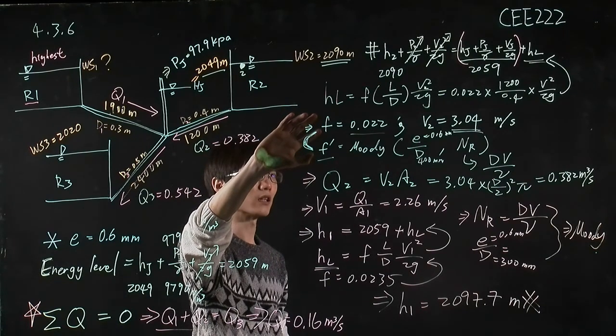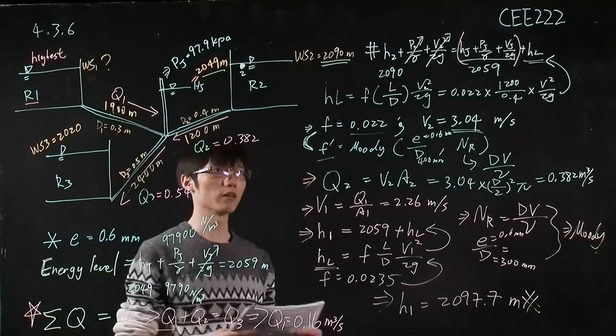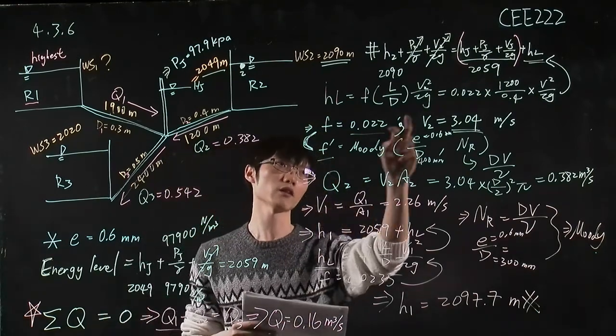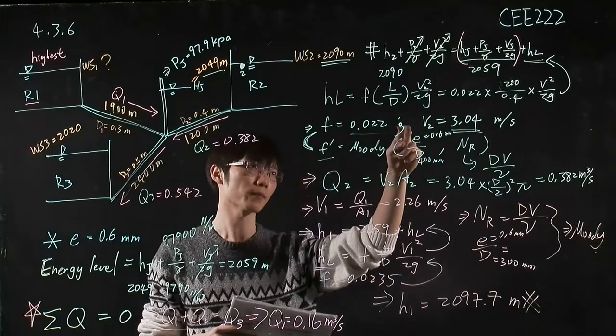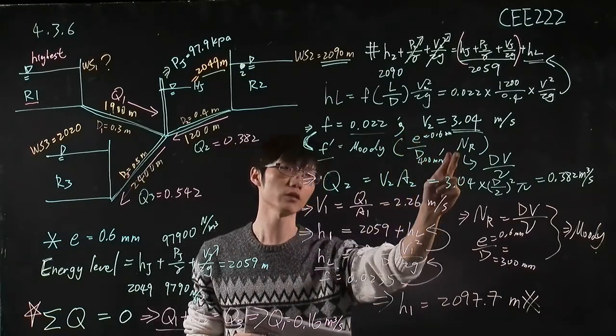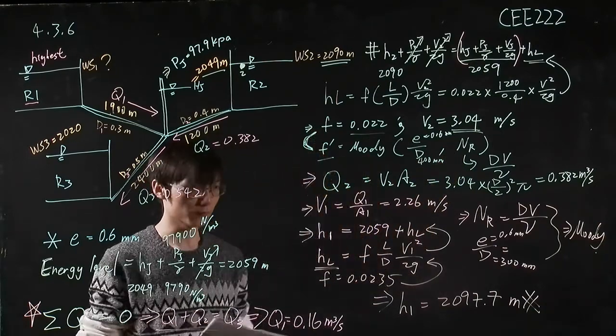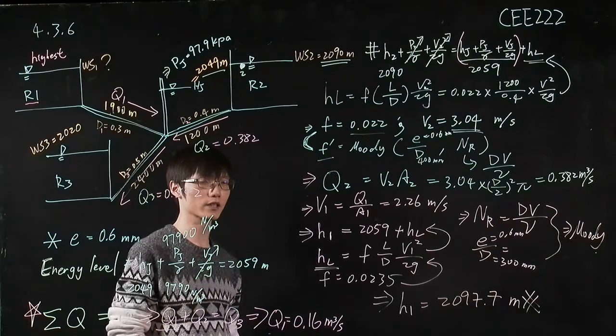If they deviate from each other, then we use the new factor to calculate the new velocity, and then use the new velocity to calculate the Reynolds number and use the Moody diagram to verify the second choice of the factor.